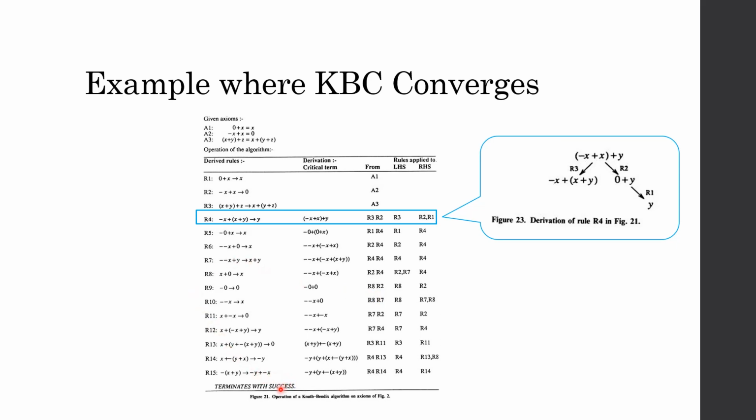It will terminate when all the pairings have been exhausted and no more new rewrite rules can be found, which means no more superposition and unification of the left hand sides of all the 15 rewrite rules, no more pairing that allows unification that will yield the superposition of critical pairs. So it will terminate and give you this finite canonical set of rewrite rules, R1 to R15.